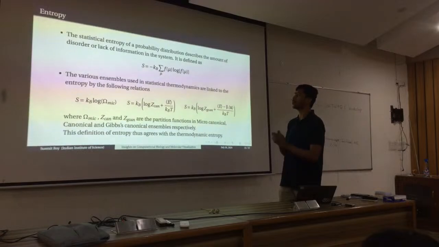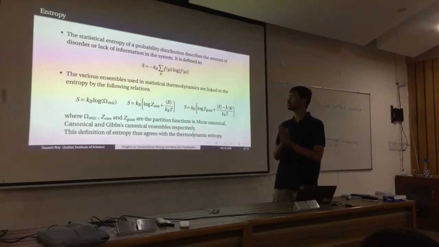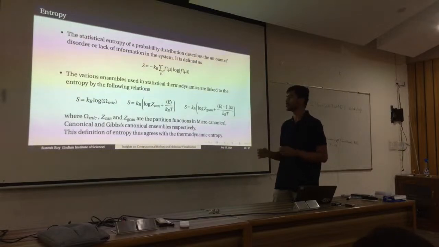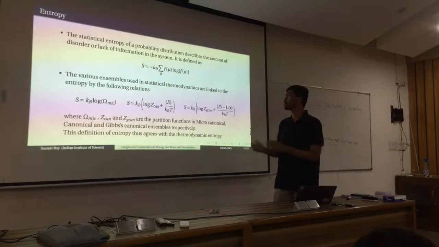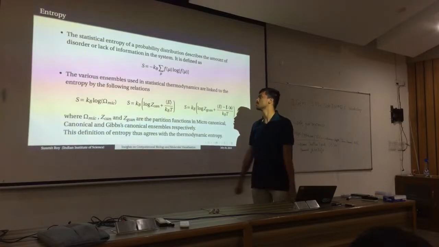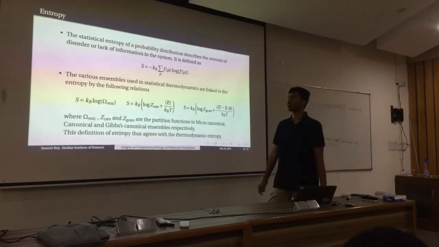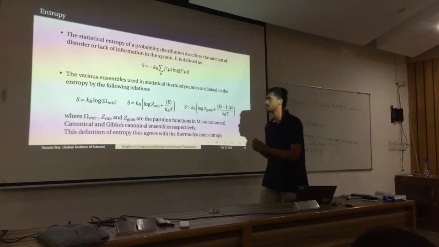So I want to comment about entropy. If you have a probability distribution, you can associate an increasing function with any probability distribution, and it can be denoted like this: S equals minus k_B times the integral of f log f, which is like the average of log f.